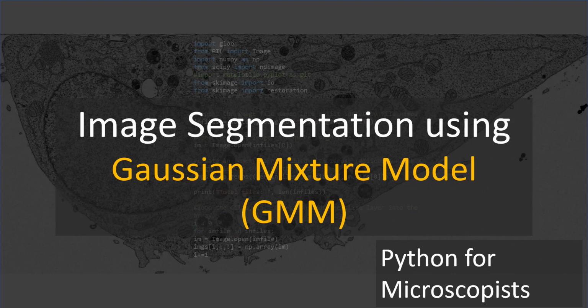A good example would be if you have an image and let's say you have four different kinds of phases or regions that you're trying to segment. One way of segmenting them is just telling the software that okay, we have four different features, go ahead and figure out where they are.